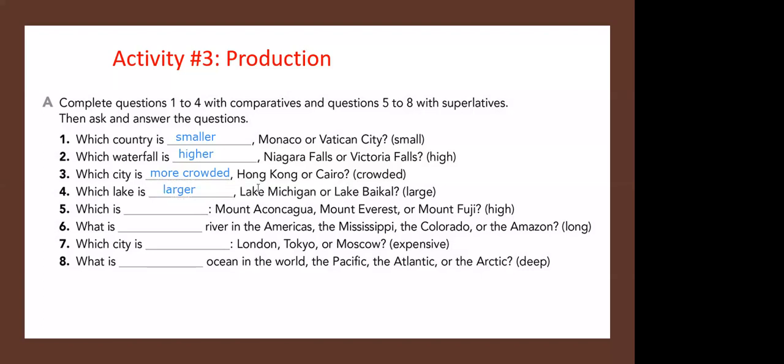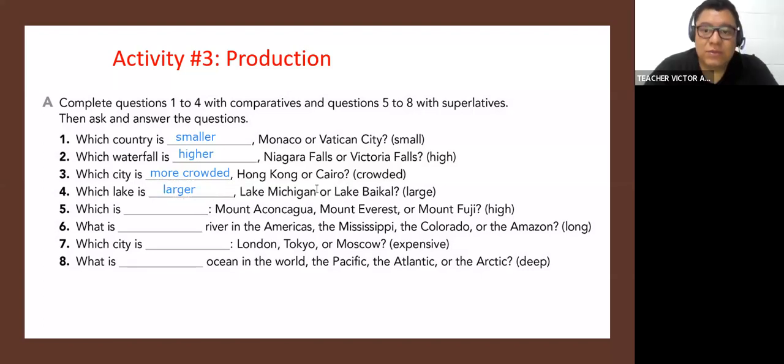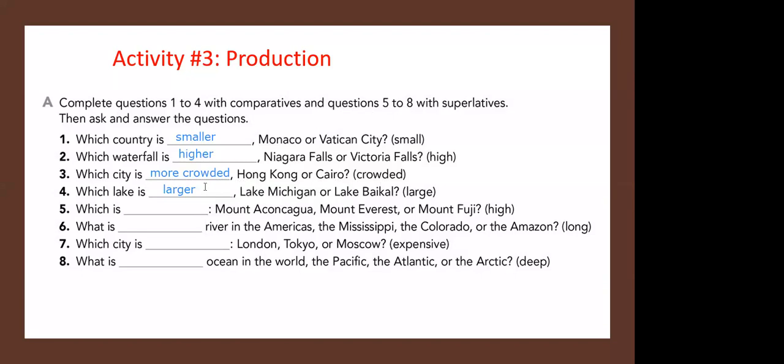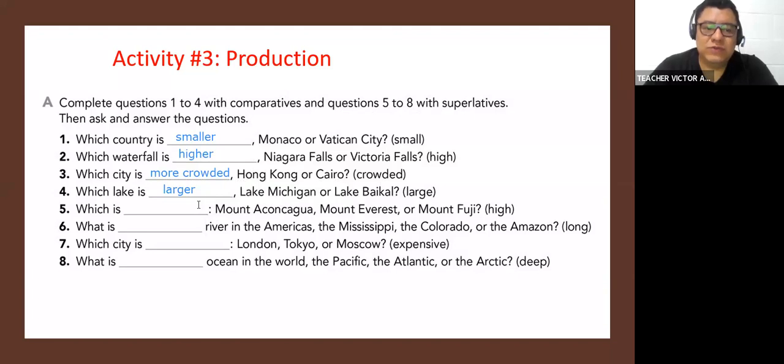In this case, no. Remember that for number five, this is with superlatives. From 1 to 4 it was comparatives, but from 5 to 8, this is with superlatives. So for this one, what is the correct superlative here, guys?